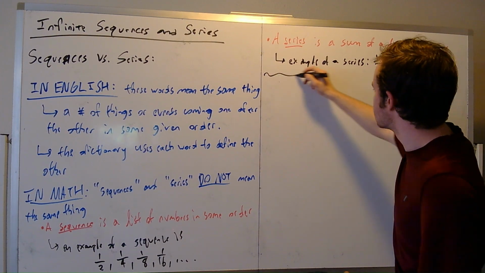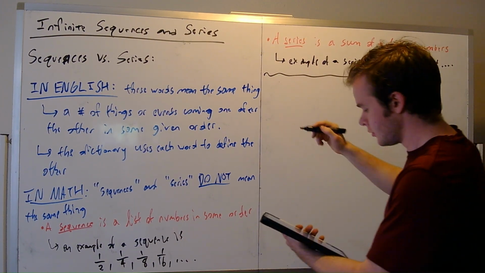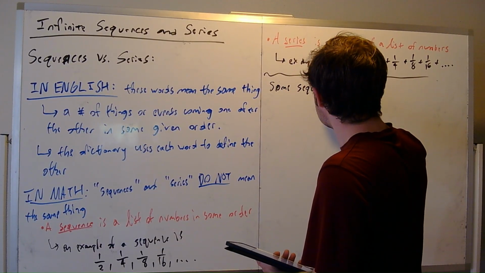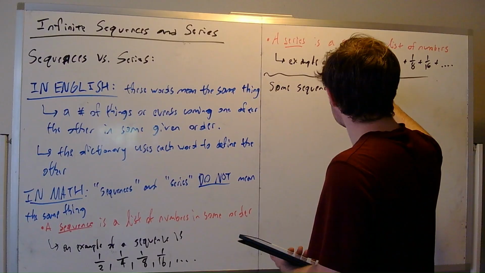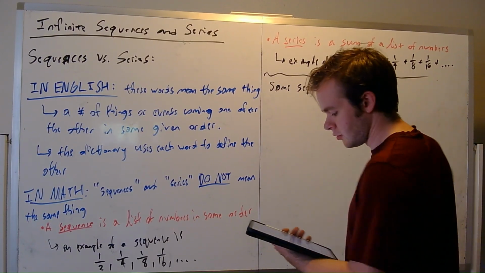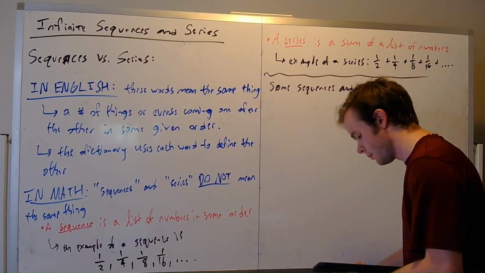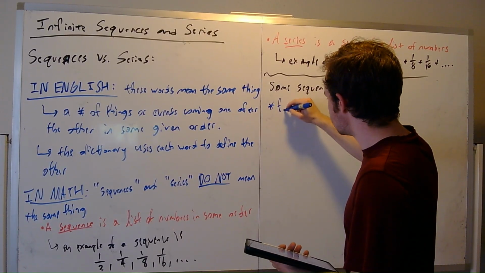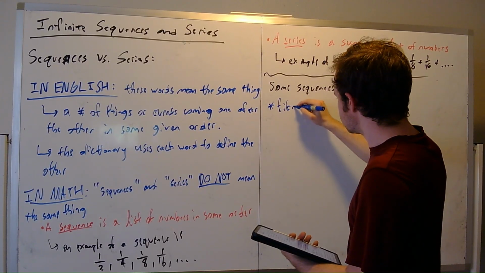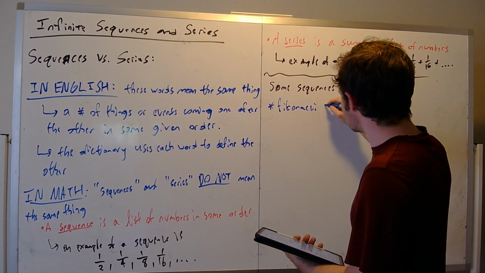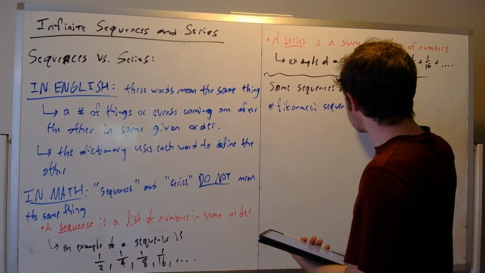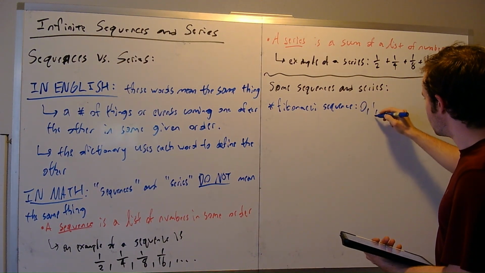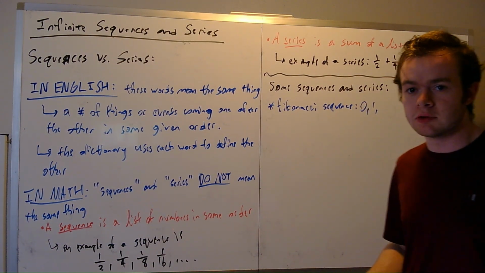So let's say here some sequences and series. I'm just going to write down some examples here. So the first one is called the Fibonacci sequence. The Fibonacci sequence is 0, 1, and every time we just add the previous two numbers.